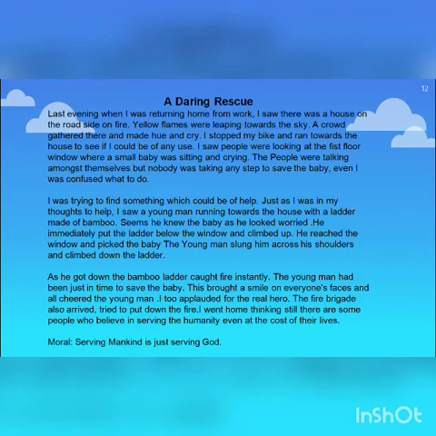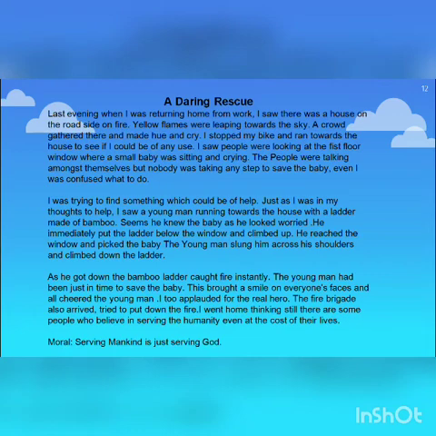Last evening, when I was returning home from work, I saw there was a house on the roadside on fire. Yellow flames were leaping towards the sky. A crowd gathered and made hue and cry. I stopped my bike and ran towards the house to see if I could be of any use.